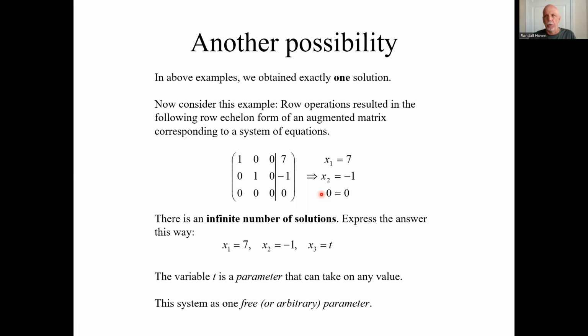In this case, x3 could be anything and it still works, as long as x1 is 7 and x2 is -1. What we do there is we use a parameter. Let's start with t. And we'll just say in this case, x3 equals t. And we have one free parameter. Here's how we express that infinite number of solutions. T can be any number.